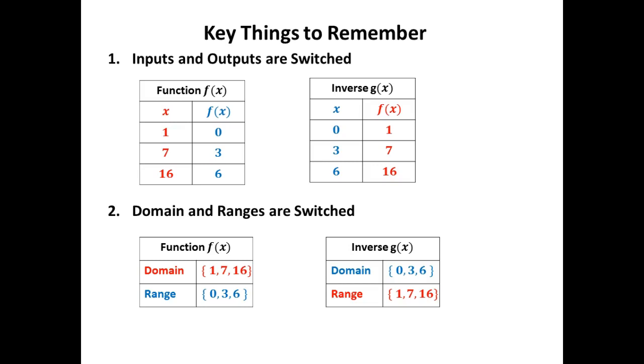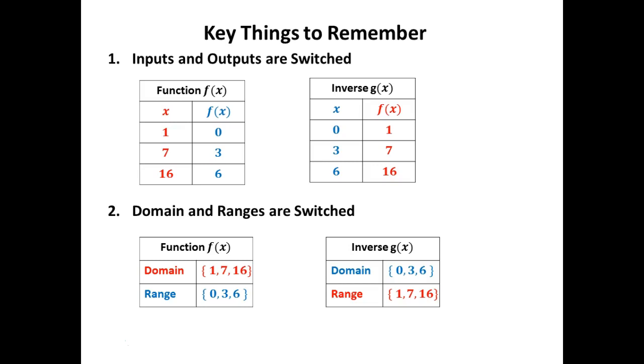In other words, the inputs to my inverse would be 0, 3, and 6. And the outputs of my inverse would be 1, 7, and 16. Now take a good long look at this because this has lots of implications. But one thing you need to remember about functions and their inverses is that the x's and y's are switched.